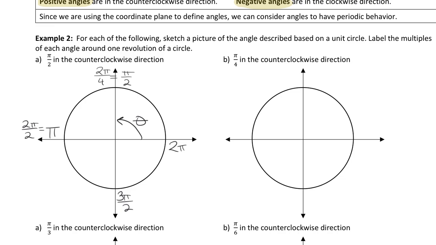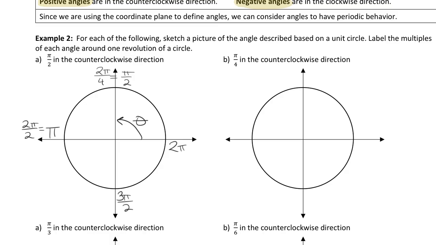Let me do that again. 1 pi over 2, 2 pi over 2, 3 pi over 2. Cool, right? So our quadrantal angles are all multiples of pi over 2. Pi over 2, 2 pi over 2, 3 pi over 2, 4 pi over 2, which reduces to 2 pi.